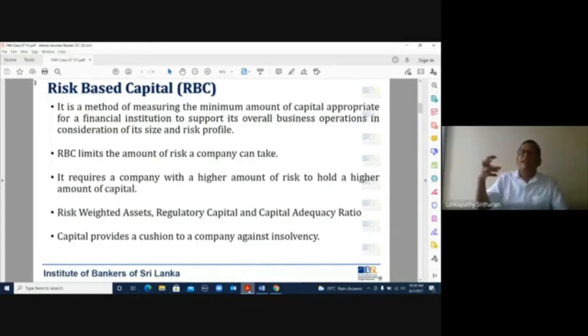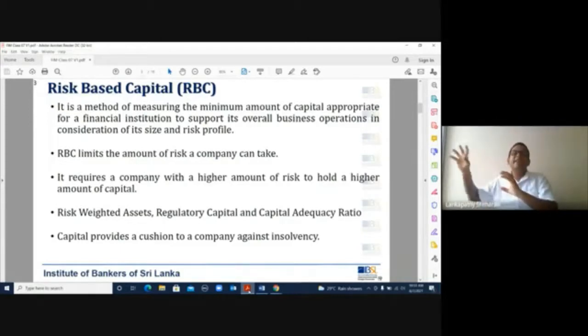And if they granted loans and advances to unrated or less than BBB rated corporates, then the risk weight will be 120%. Likewise, they weight their risk, and based on the risk weighted assets, they have to maintain risk-based capital. This is a general mechanism.